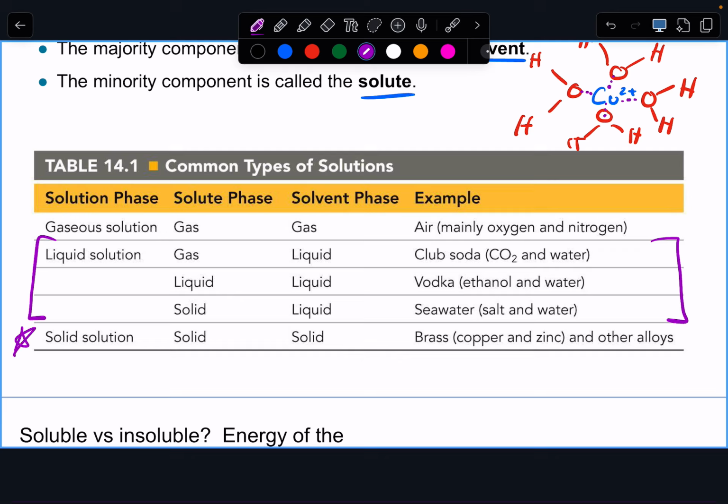Solids is something that we actually use a lot, but maybe we're not super familiar with it. If you take two metals, you have to first melt them to get them to mix. So you loosen up those bonds or interactions between the metal atoms. You mix them together and allow them to form new interactions with neighboring metal atoms.